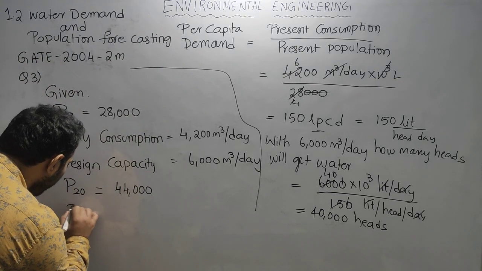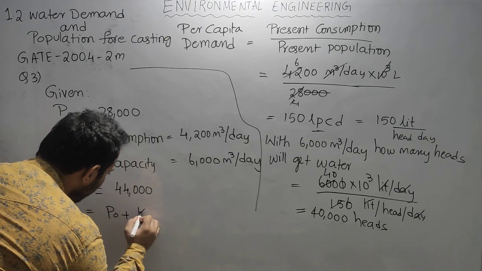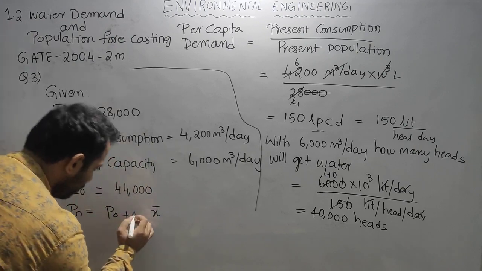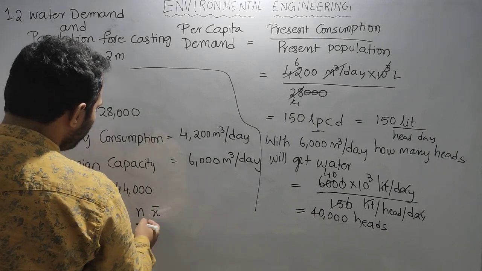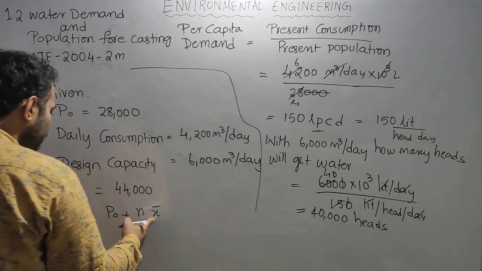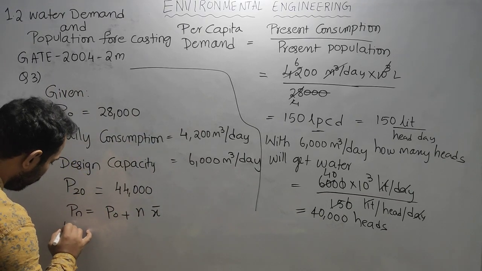So in arithmetic forecasting technique, Pn is equal to P0 plus N into X bar. Okay, so now here we don't know this X bar value. To find this X bar value, use this data. That means P20, that is 44,000.